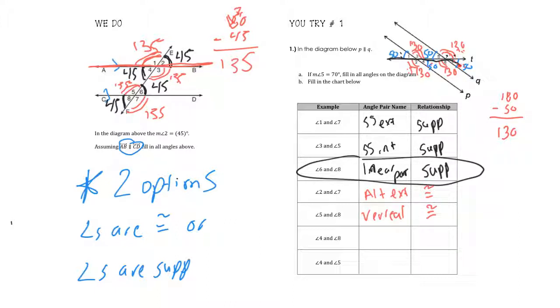So if they're in the matching spot, this is called corresponding. And corresponding angles are congruent. They're both 50. And last but not least, 4 and 5, those are alternate interior, and those are congruent as well.